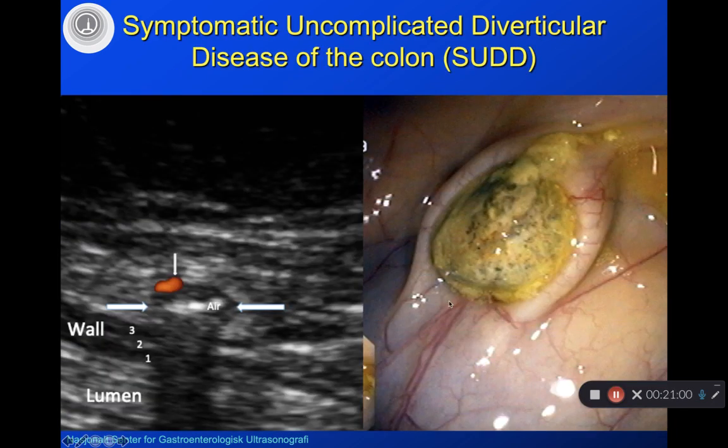In symptomatic uncomplicated diverticular disease of the colon, on the right panel you can see a classical diverticulum with an impacted fecalith, and this is how it looks upon ultrasound. Thin wall, some air entrapment, and there is a vascular component in the periphery of the diverticulum.